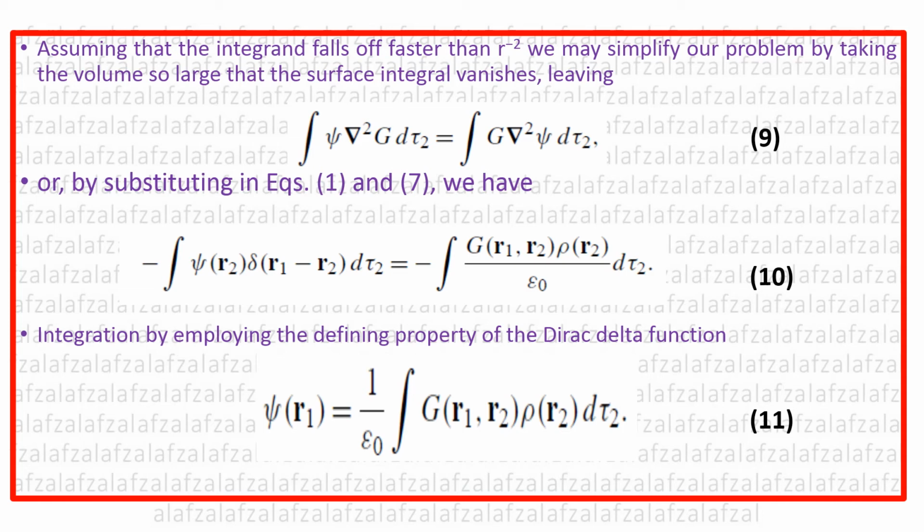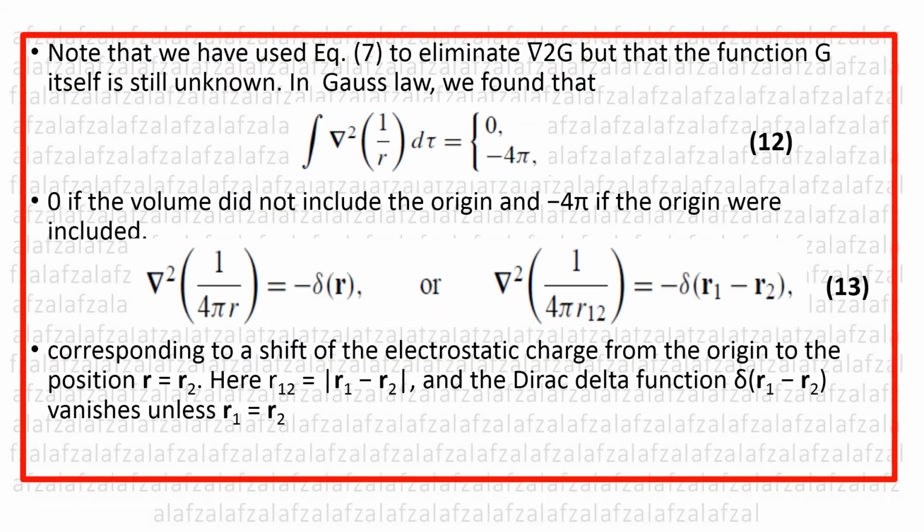Expression 11 is what we got, the expression for the potential at r1 due to the source at r2. So this is coming to the results: the integral of del square of 1 by r d tau is equal to 0 if the volume does not include the origin, and minus 4 pi if the origin were included.